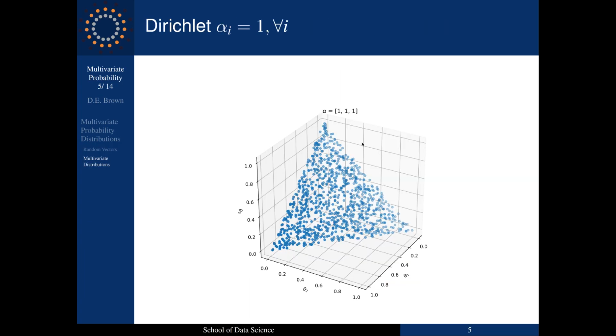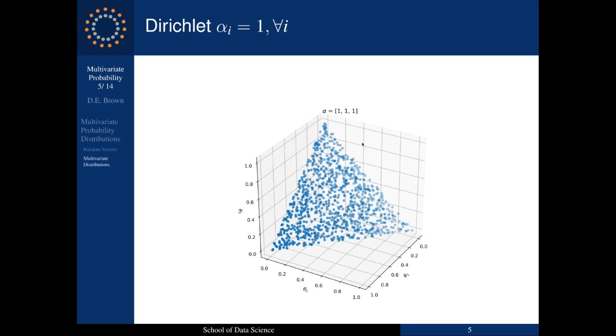When we look at the Dirichlet then in, as I said, 3 space, and this happens to be the Dirichlet where alpha 1 is 1, alpha 2 is 1, alpha 3 is 1, we see the simplex, which is this triangle that exists within this space. And that's where all the points exist, on this simplex.